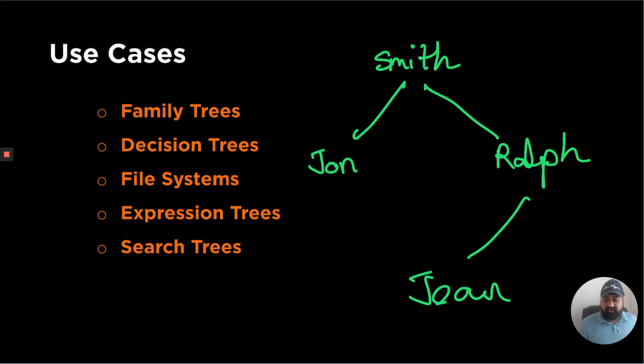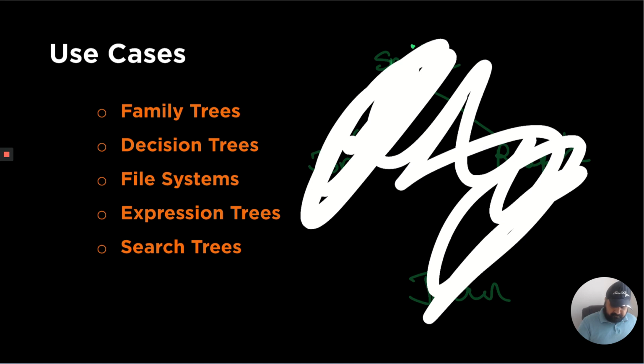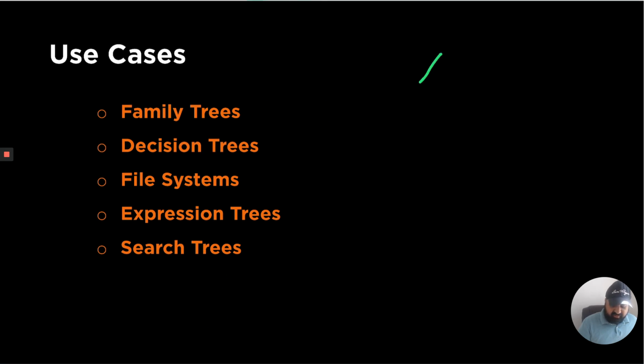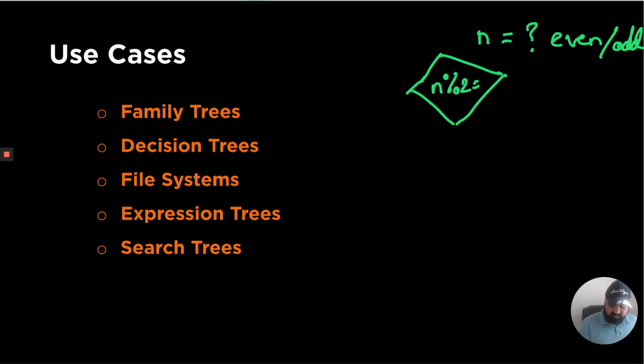Another use case of trees is decision trees. If you study machine learning in the future, you will encounter decision trees. Let's say you are making a flow chart. An example is checking whether a number is even or odd. Simplifying, if you have a number n, you basically check n mod 2 is equal to 0.